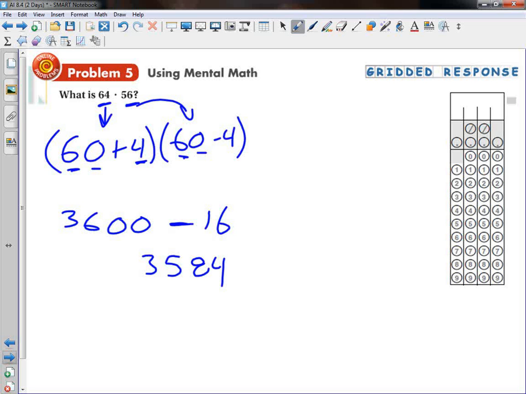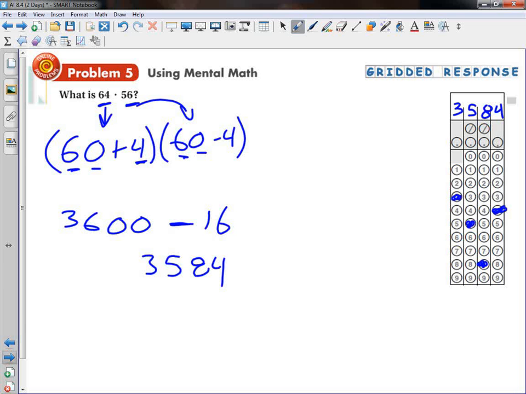All right. Since this is a gridded response question, I'm going to write it in over here. We have 3584. And we have answered it and graded the response.